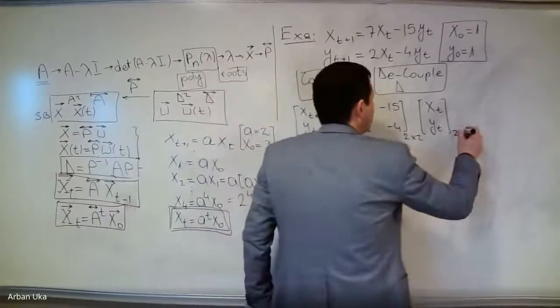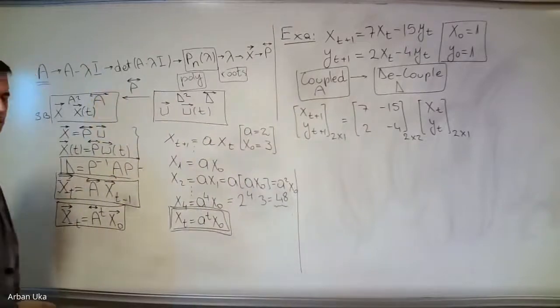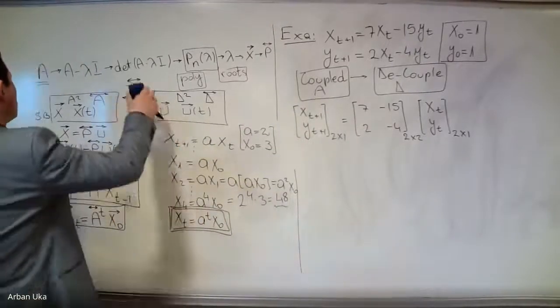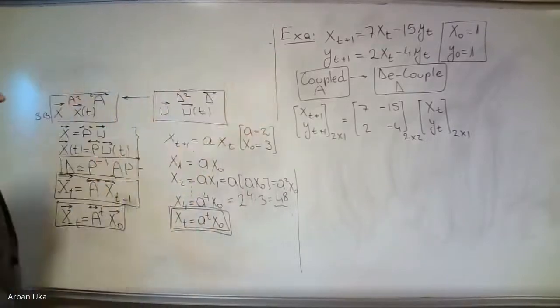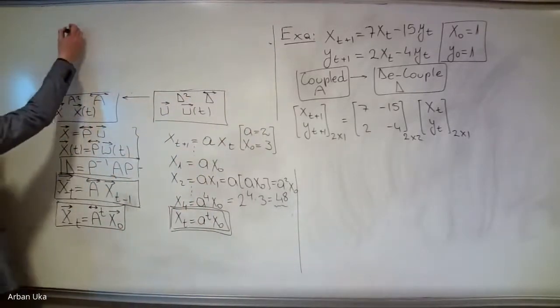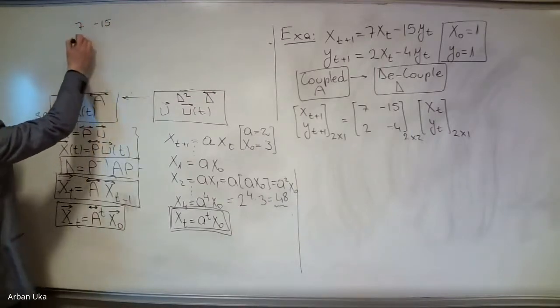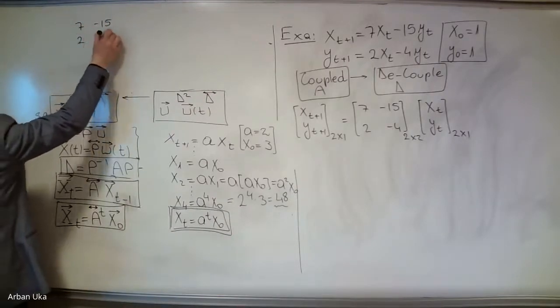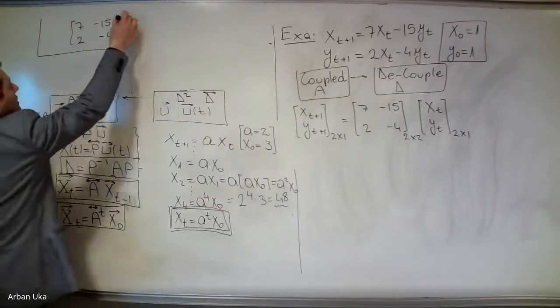This is 2 by 1. Okay, so this is the general picture that we're going to work with. And let's take this out for a moment. So here we have 7, minus 15, 2, minus 4. This is a matrix which is in the standard basis.